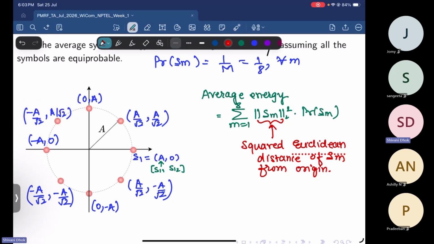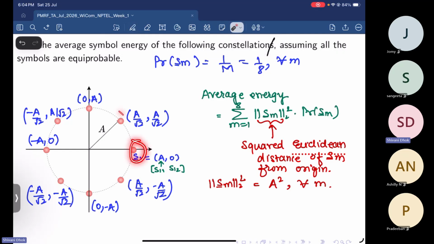So in this particular setup we have Euclidean distance squared of every symbol to be equal to the radius of your circle squared, that is a square, and this is for all m. And this particular setup, when you have everything on a circle, and what changes from one symbol to another symbol is only the phase of the symbol, is referred to as phase shift keying constellation.